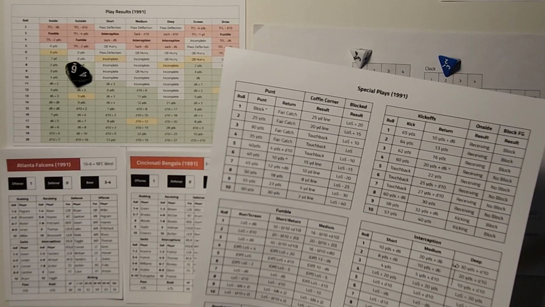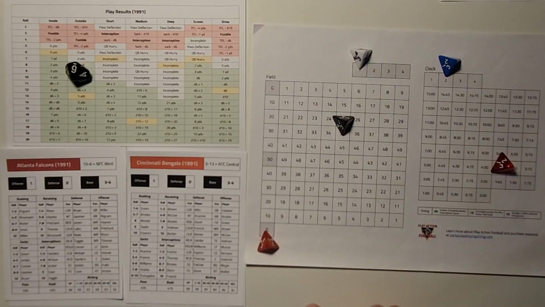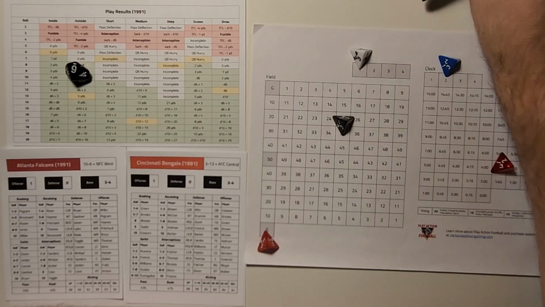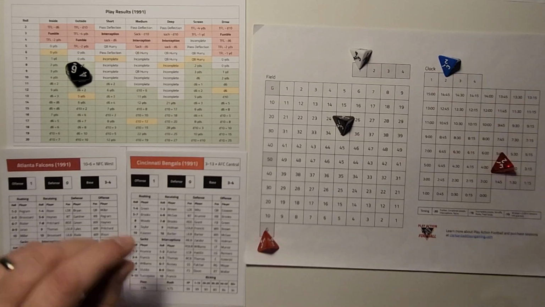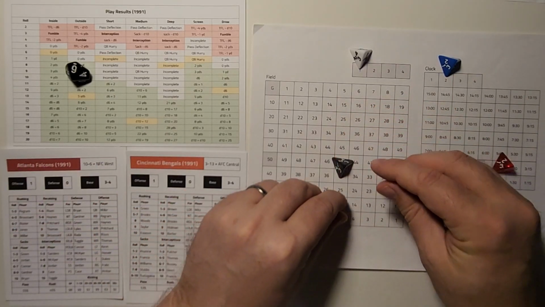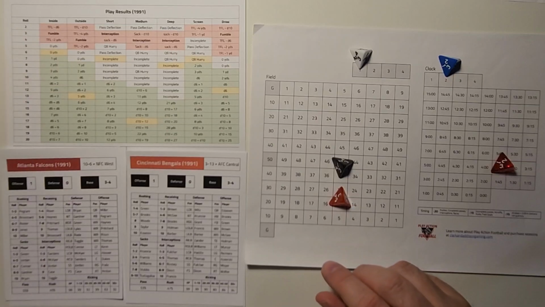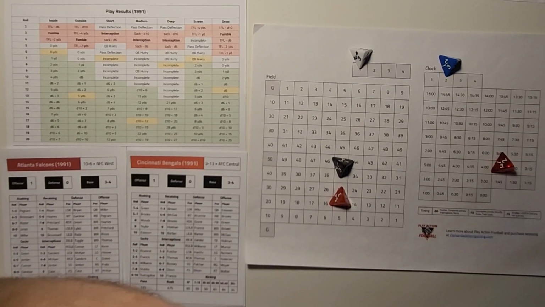A 6 on a kickoff is going to be a touchback. So the Bengals take over 1st and 10 from their own 25. They're looking to put that last drive behind them.